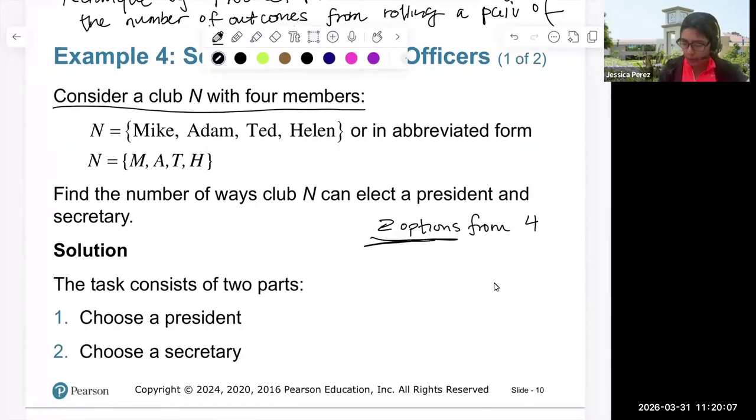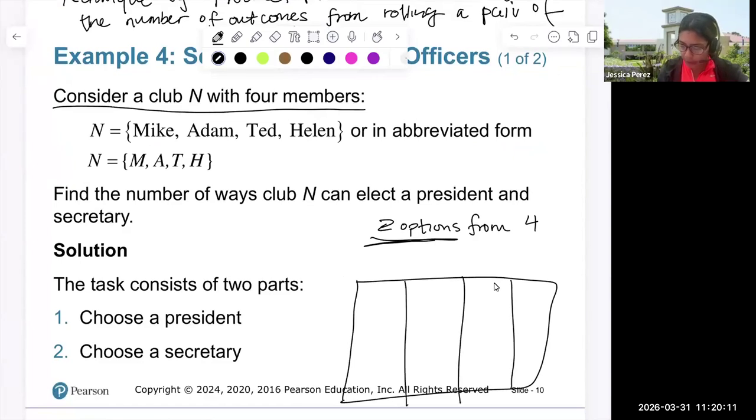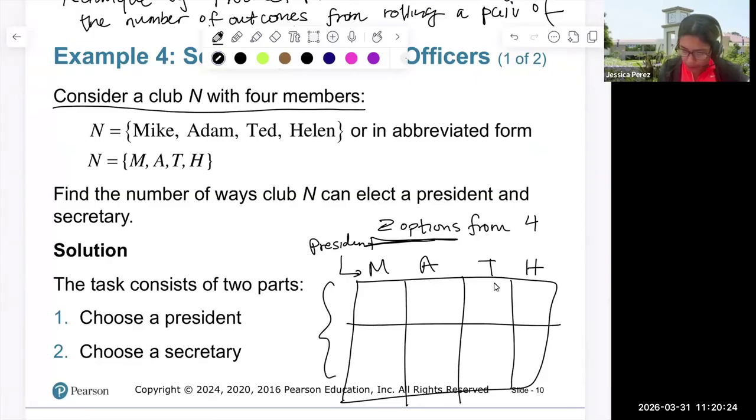So if you're doing 2 options, that means 2 tasks. If it's a 2-task, remember we're going to be doing a product table that consists of Mike, Adam, Ted, and Helen. That column here will be for the president. And then going horizontal will be the secretary.